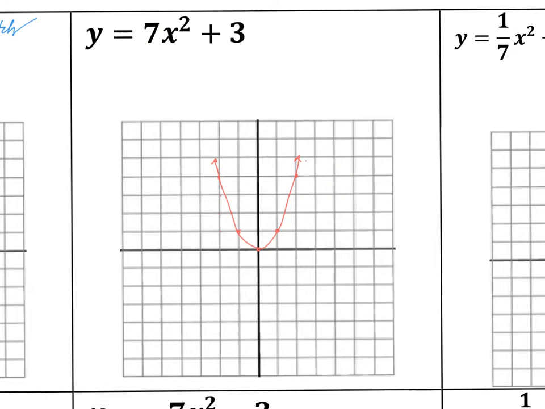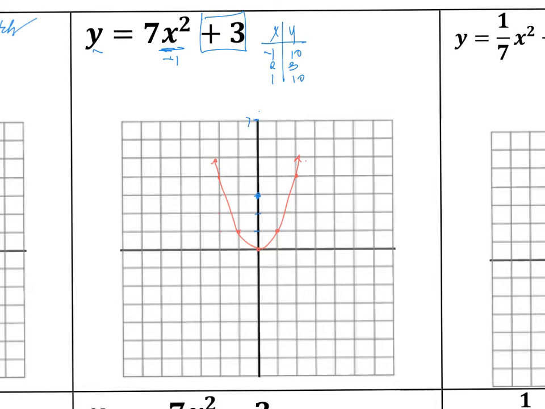Okay, and this one, there's something different. We have a plus 3 here. So when x is 0, y will be 3. When x is -1, then y will be 10, and the reflecting point, (1, 10). Let's plot these points.